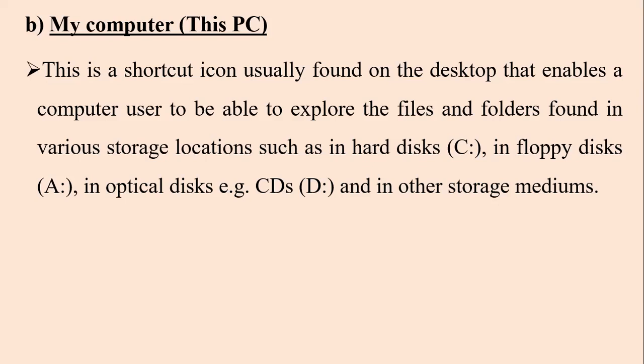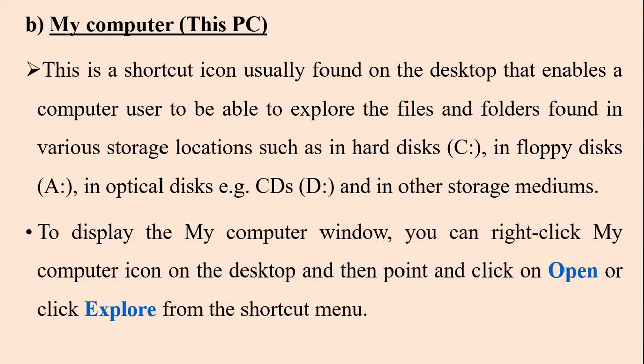Of course, these ones are outdated these days, but they were abbreviated as A:, in optical disks, for example, CDs, which were known by the operating systems as D:, as well as in other storage media. To display the My Computer window or This PC window, you can right-click on My Computer icon or This PC icon from the desktop, and then you point and click on Open or Explore from the shortcut menu that will be displayed.